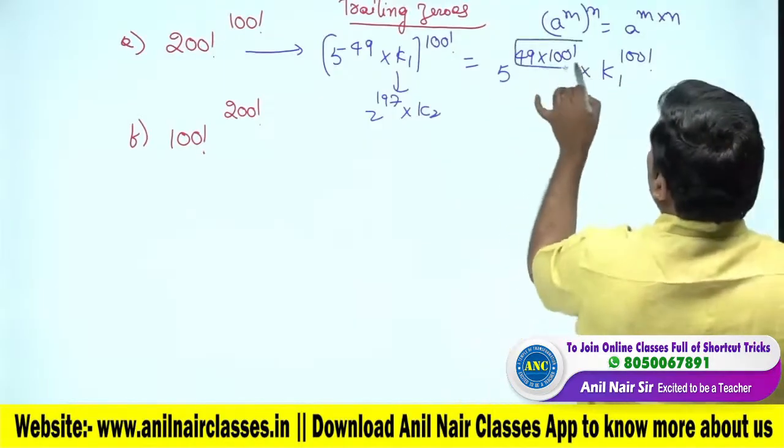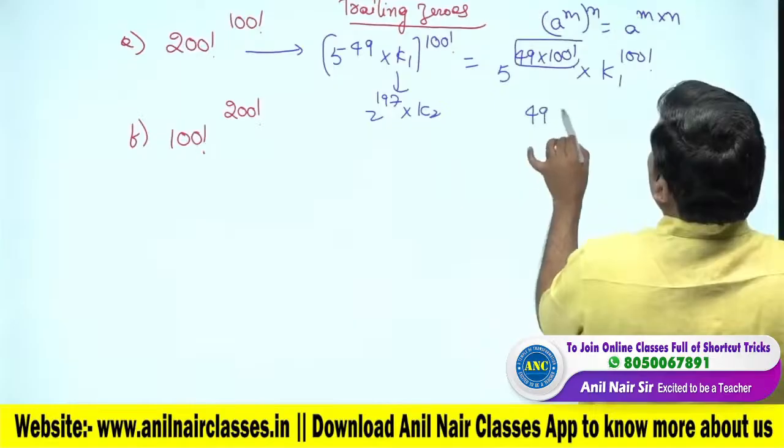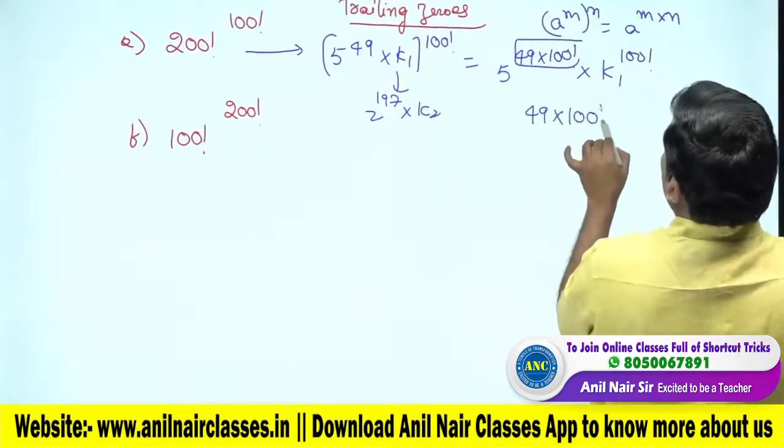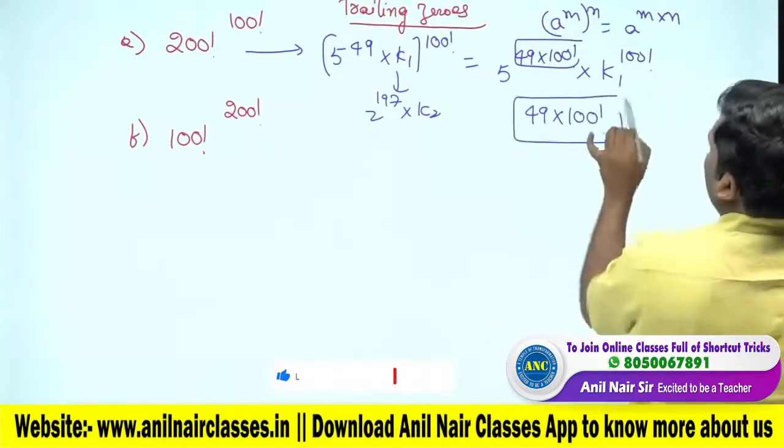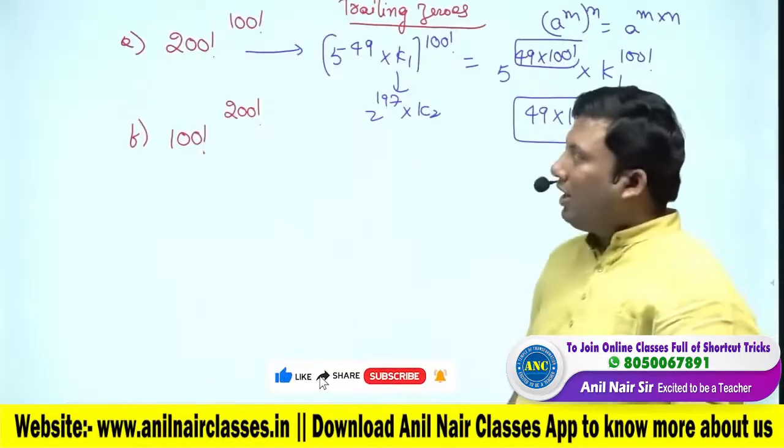So what will be the answer? 49 into 100 factorial. Now find the number of trailing zeros for 100 factorial power 200 factorial.